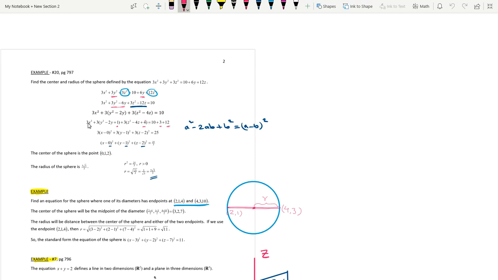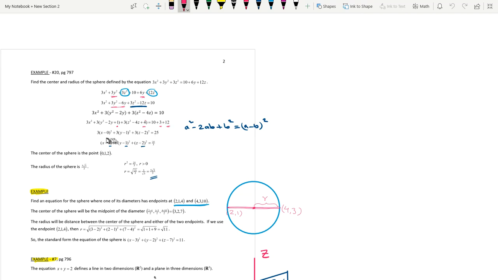Now, this 3x square can be written as 3 times x minus 0 whole square, and this one, if you apply this formula, becomes y minus 1 whole square. Similarly, this one becomes 3 times z minus 2 whole square, and this one is 25.